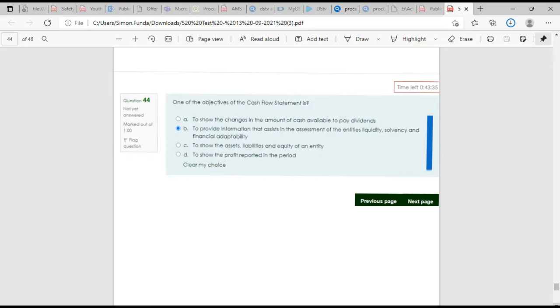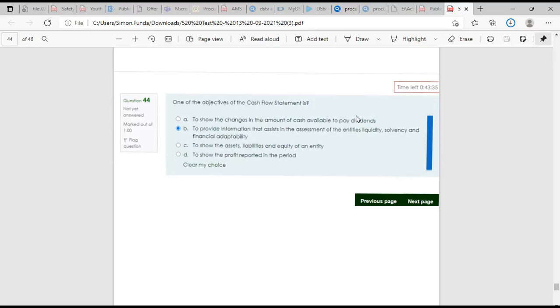So the most important thing is we are looking at the liquidity. Is the company in a better position to meet its obligations, to pay the current liabilities, the solvency, and the financial stability?